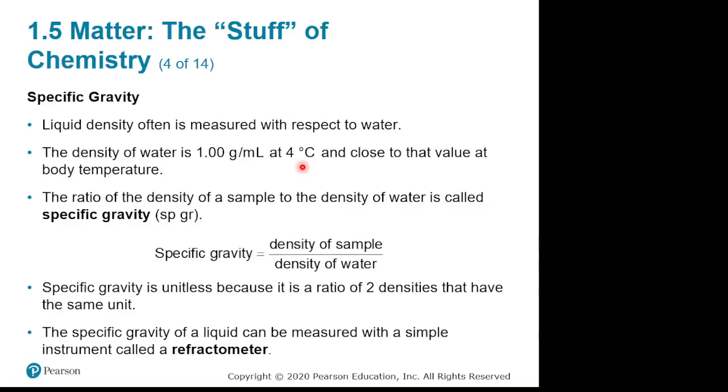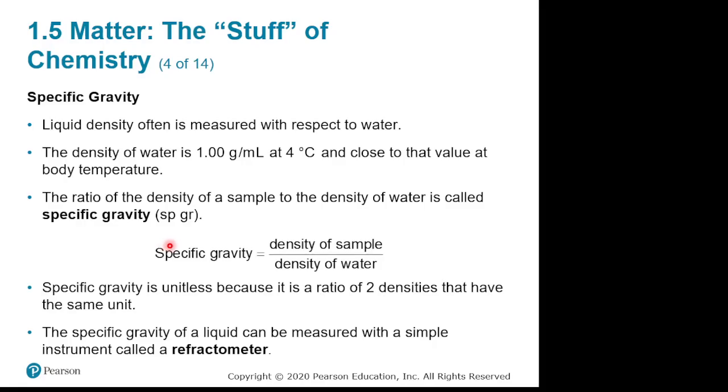It goes to like 0.9997 at about 0 degrees Celsius, and then it goes up if you get a little bit warmer. If you get hot enough, you'll see it changes enough that it really matters. And so the ratio of the density of a sample to the density of water is referred to as specific gravity.